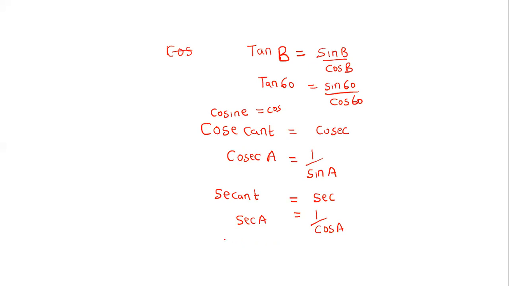Then the last one we call the cotangent, and we abbreviate it as cot. I want to see, when I have cot of A, what is it equivalent to? Very good. So cot A is the same as 1 out of tan of A.